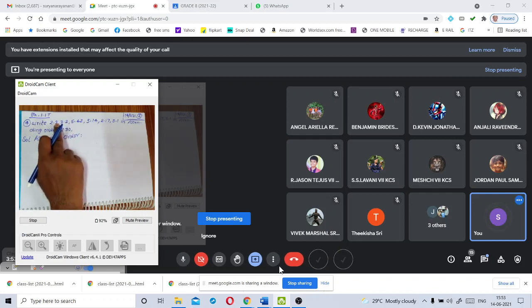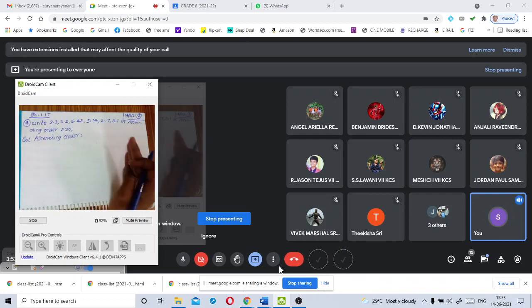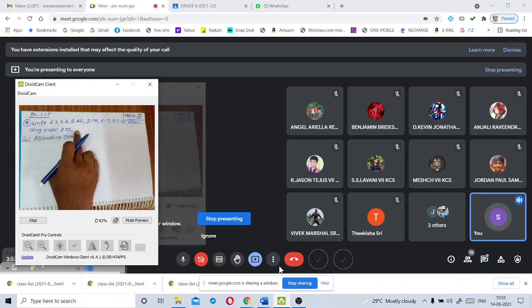2.30. At the uppermost right side of a decimal number, please remember this point, my dear children.